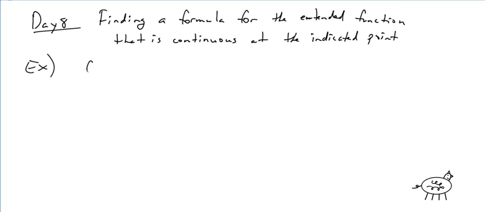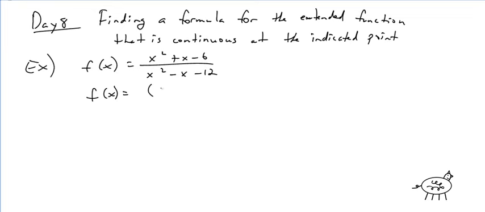If I give you f of x equals x squared plus x minus 6 over x squared minus x minus 12, let's factor this to see what's going on.